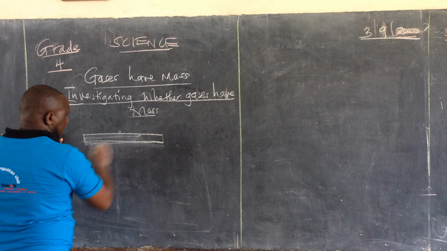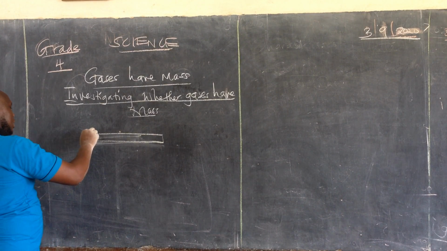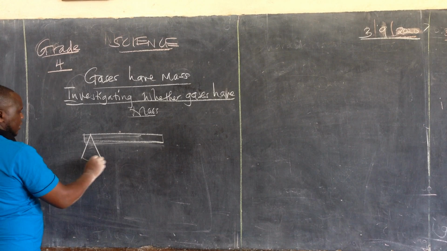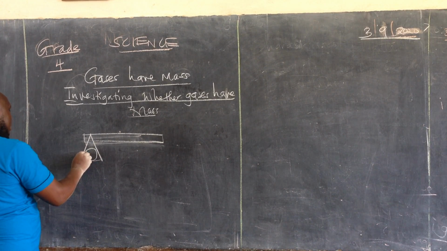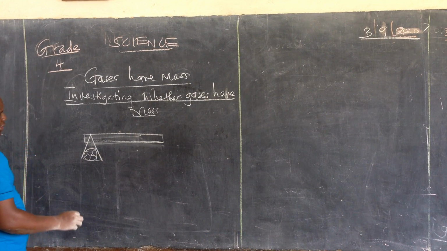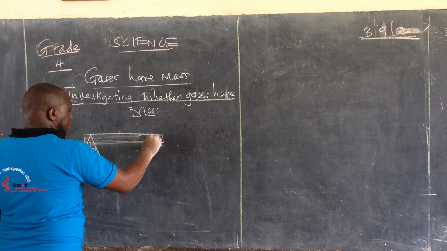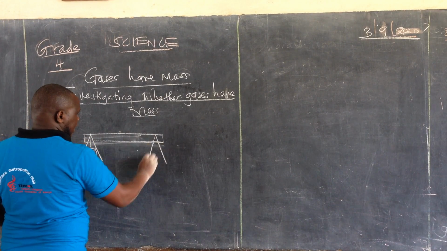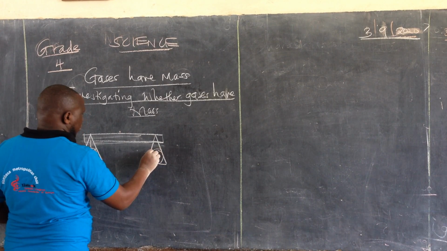So on one side you tie a string. Place your ball inside here. That is your ball inside there, that stand. Then on the other side you still have the same, like a small bag that can carry your ball like this.